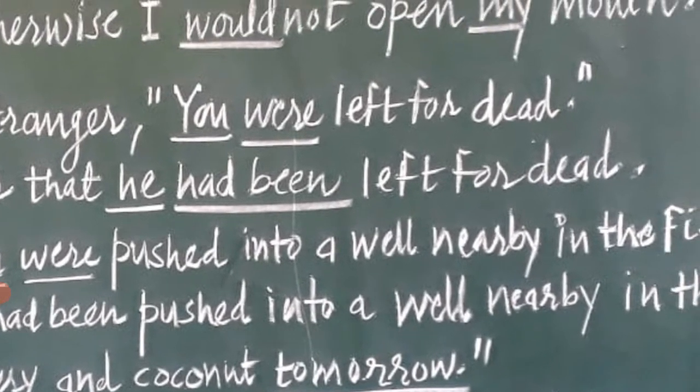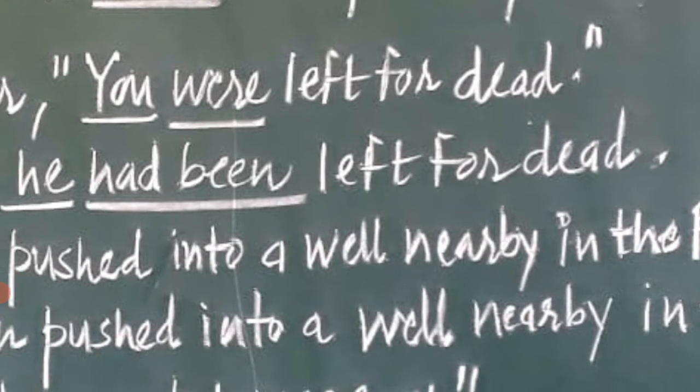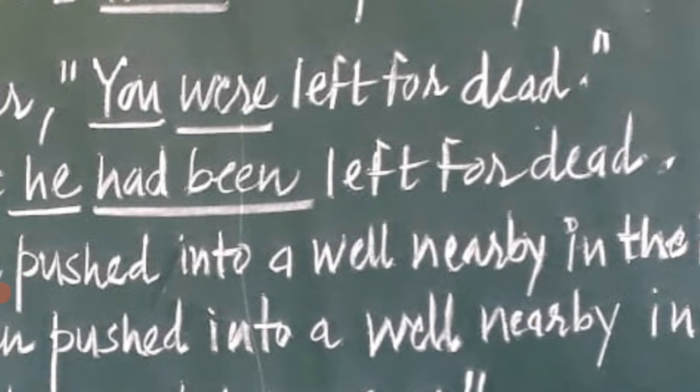Afterwards, as I made it clear, if the given sentence is in simple past, you have to convert it into past perfect tense. But here there is no action verb, only an auxiliary verb. So "were" is converted into "had", and afterwards the "be" form is converted into its past participle "been". "He had been left for dead", and finally a full stop.